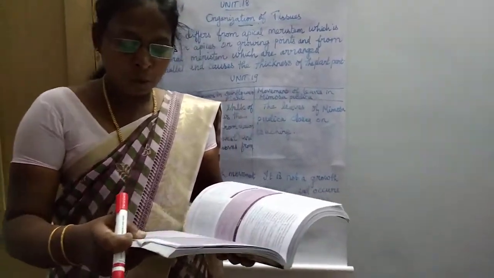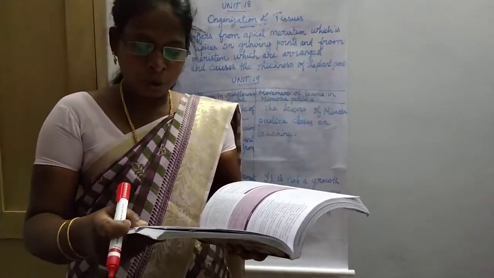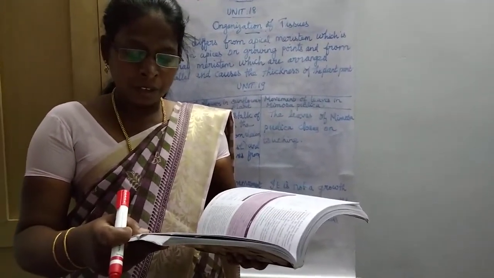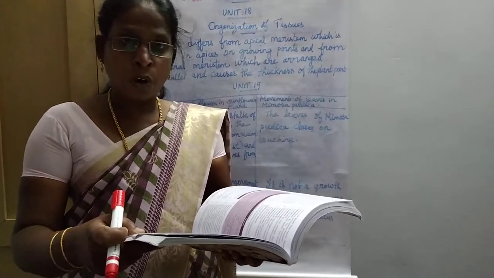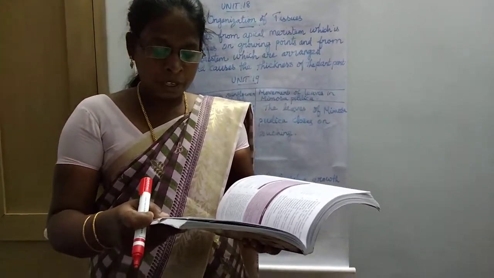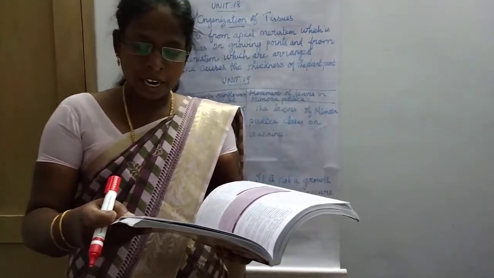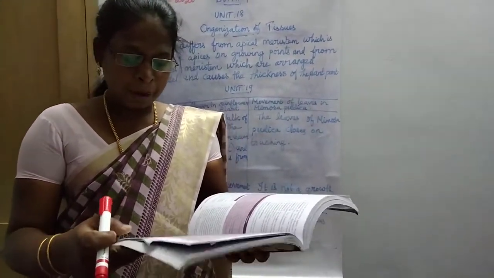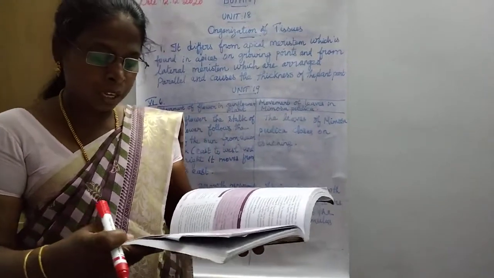The correct answer is collenchyma. Number 4, companion cell. The correct answer is phloem. Then tracheids. The correct answer is xylem.